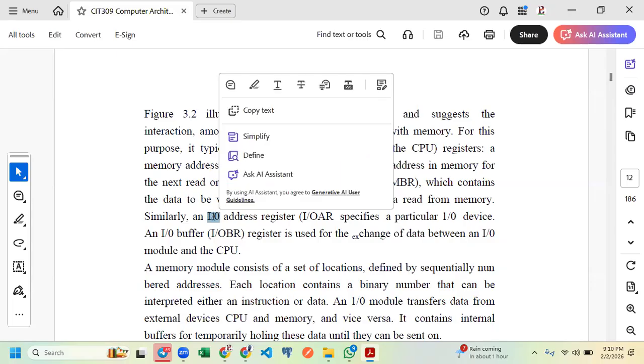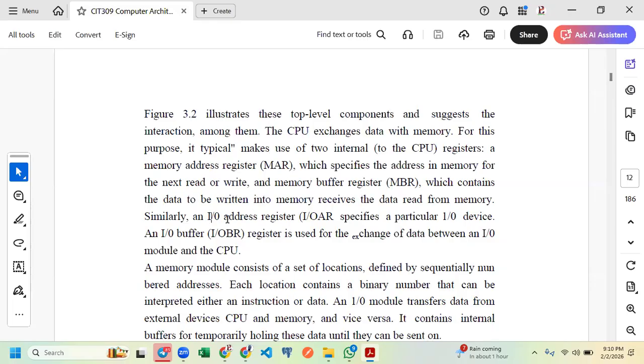So this IOAR is the input output address register, and the IOBR is the input output buffer register. So when you see B, we're talking about buffer. When we see AR, we're talking about address register.